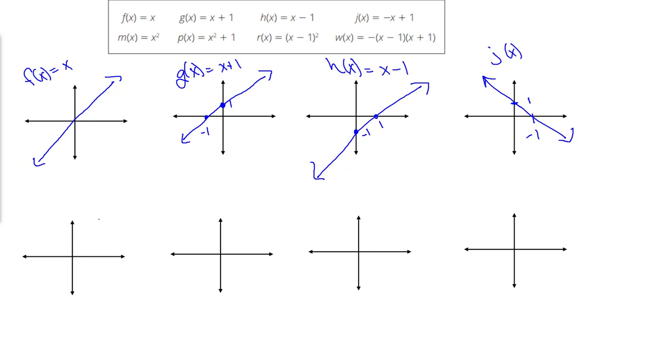So now let's look at the next one. For m of x is x squared. So that means it goes through the origin. It's going to curve both sides. Where does the p of x go through? What is the y-intercept on p of x? It's 1. It's always this number back here, and then it's going to curve out.